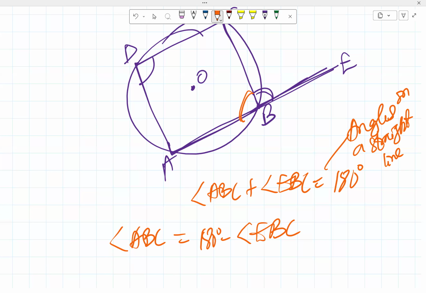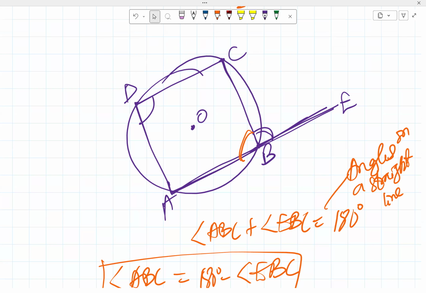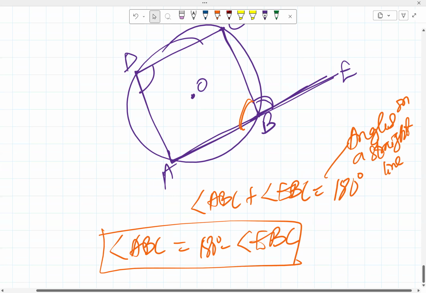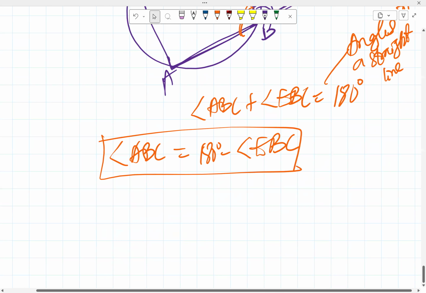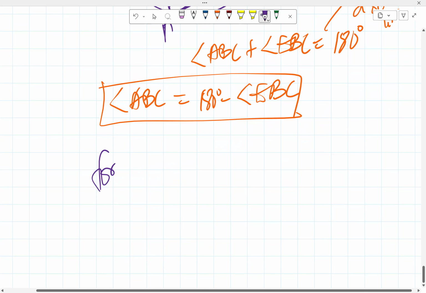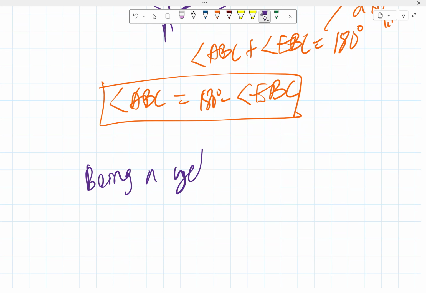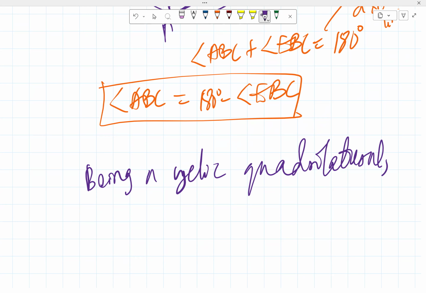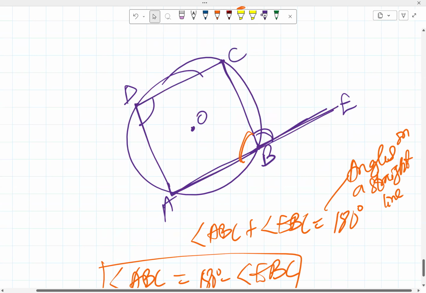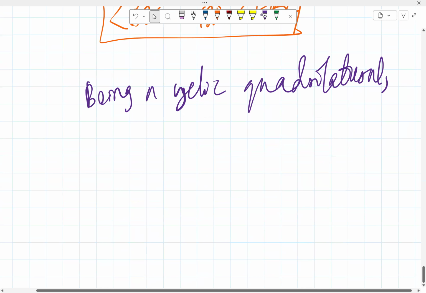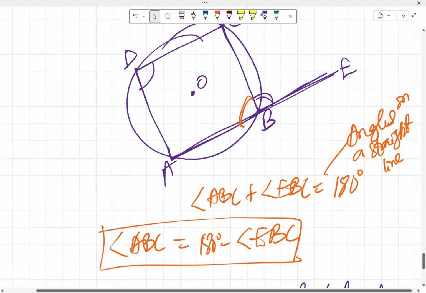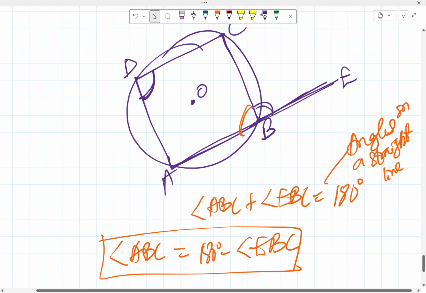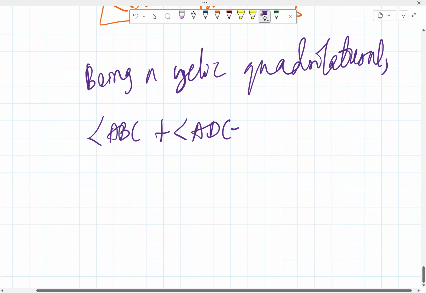Now, because this is a cyclic quadrilateral, from the previous theorem we just looked at, we know that angle ABC plus angle ADC will be equal to 180 degrees.